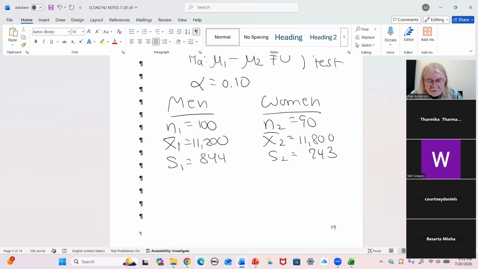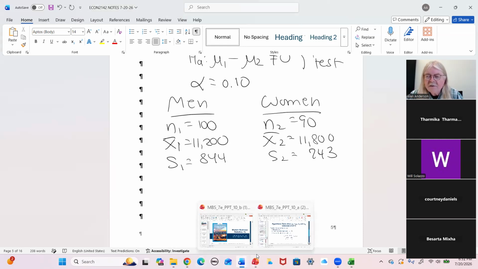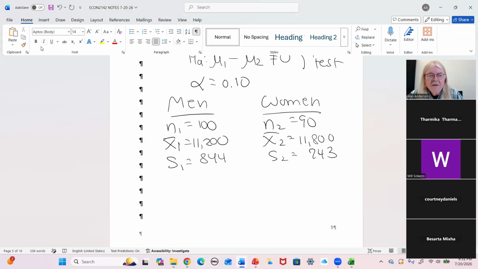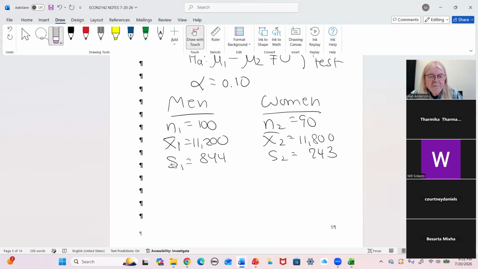We didn't have any examples of this. Every one of these cases used the t, but it's good to know that this case exists. If by chance these are population standard deviations, then you're going to use a slightly different test statistic.